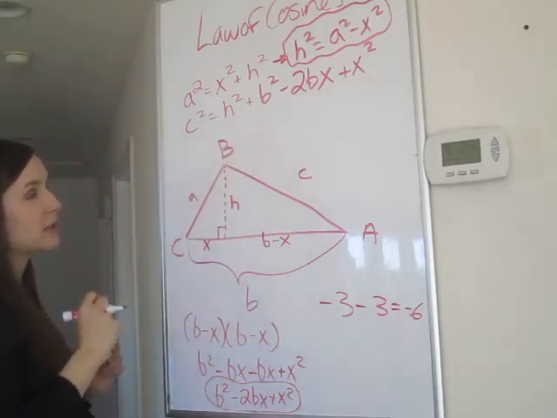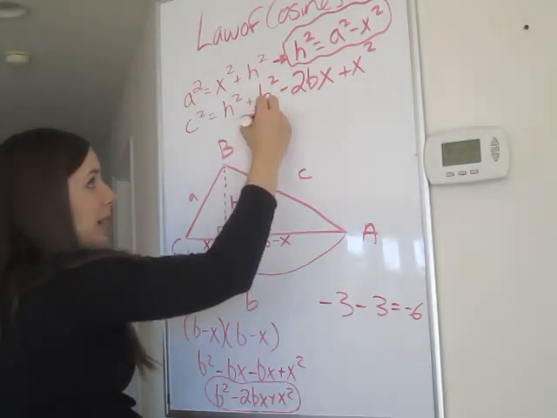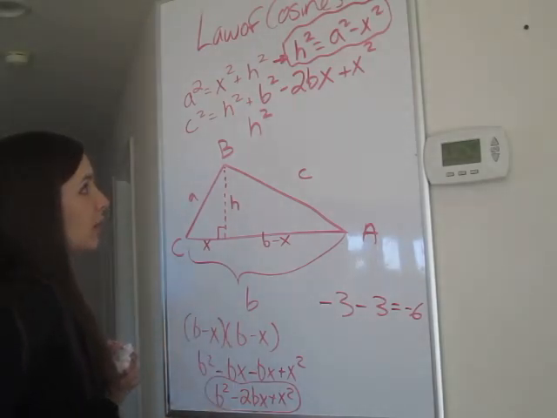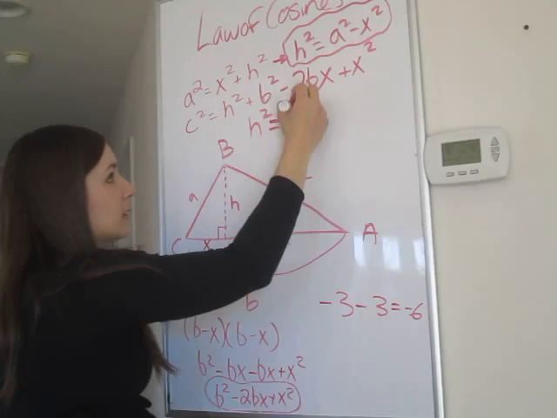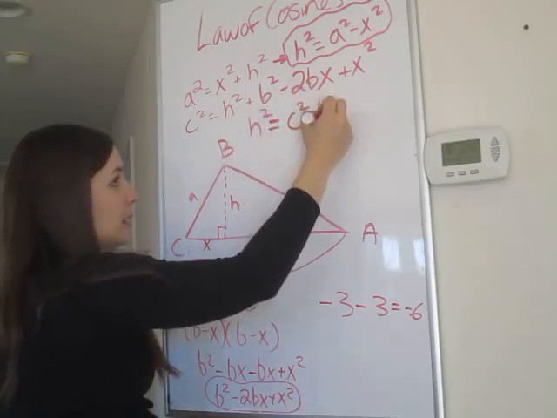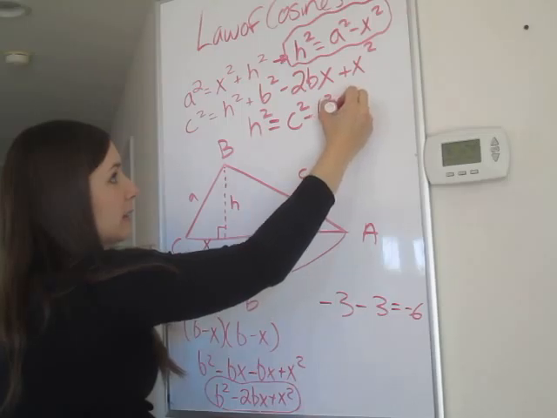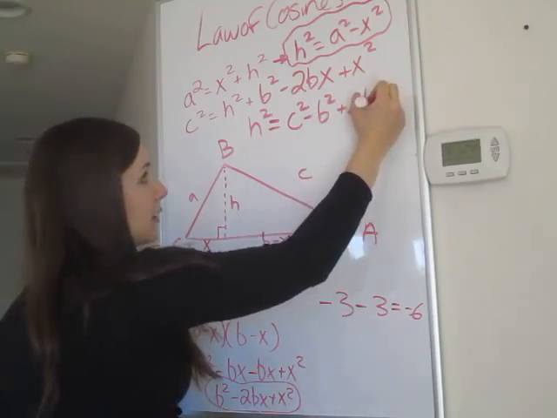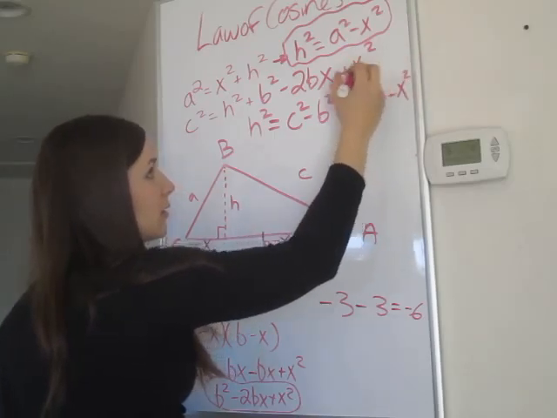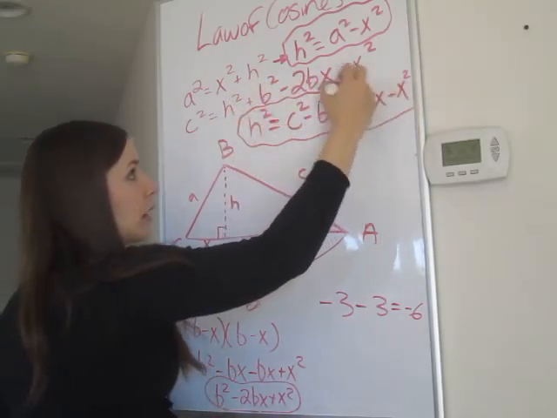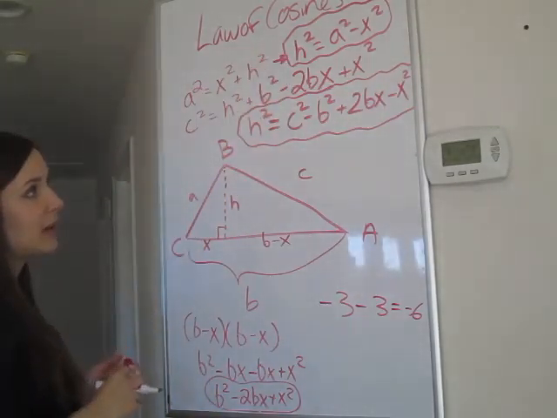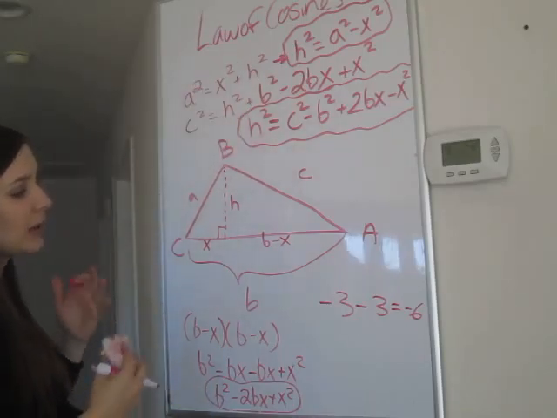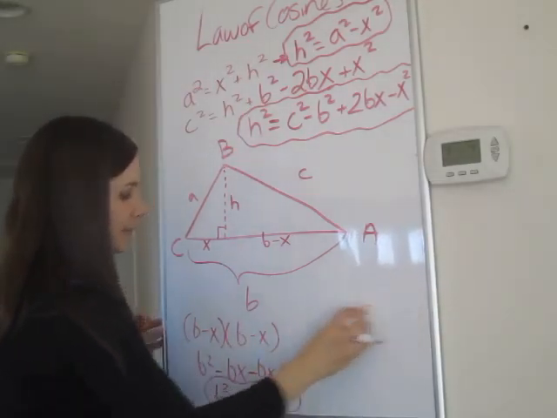Okay, and if I solve for h squared here, h squared will equal c squared minus b squared plus 2bx minus x squared. Okay, and I skipped the whole solution process, but you can show things on both sides and get that. So these two equations are there. Since they both equal h squared, they can both equal each other. So I'm going to erase this down here.